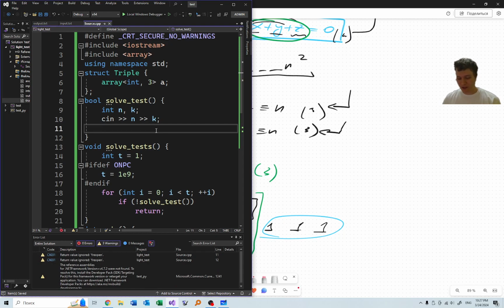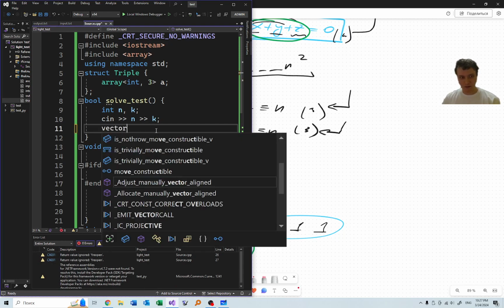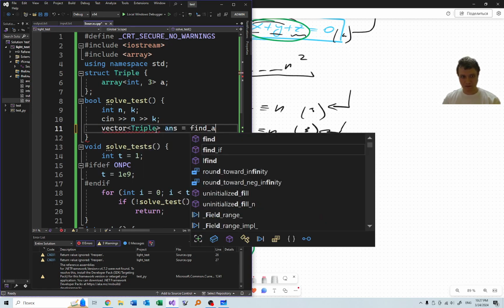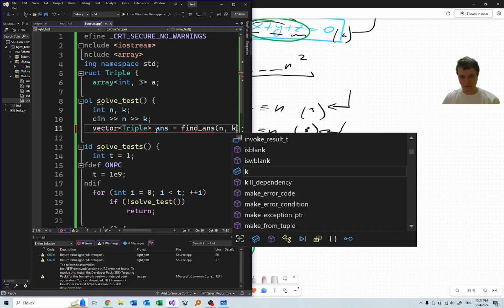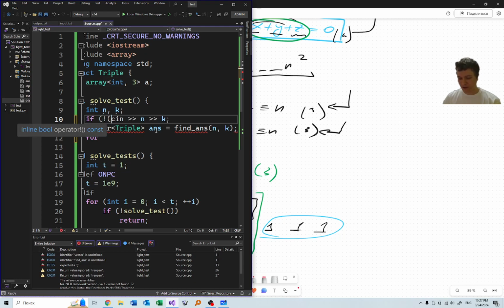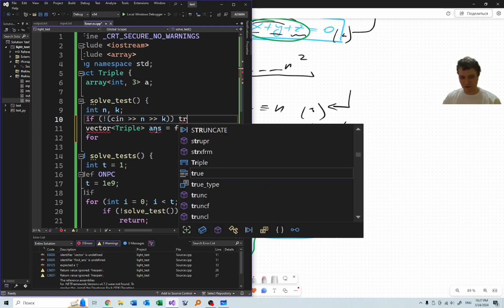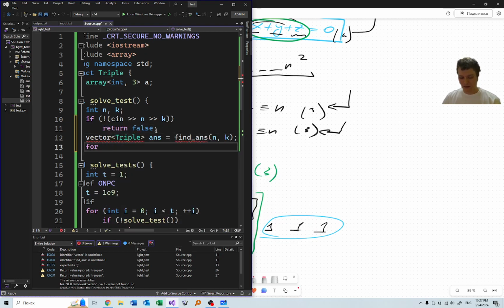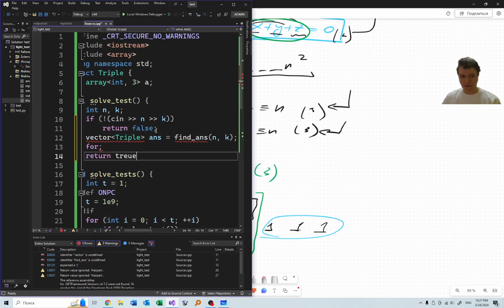So during the solve test, we will need to make a vector of triples. And we need to output it. Also, if we failed to read it, we need to return false. And here we will need to return true.